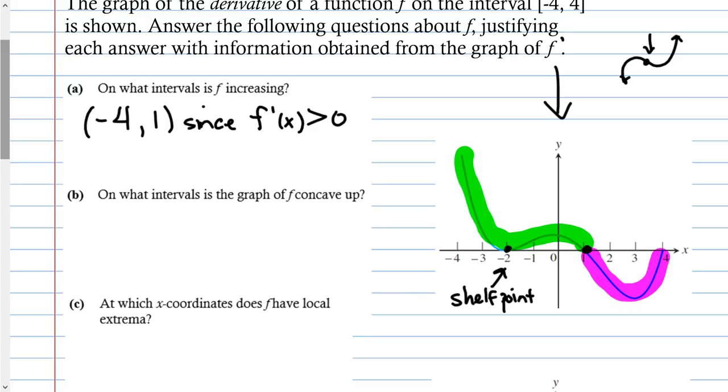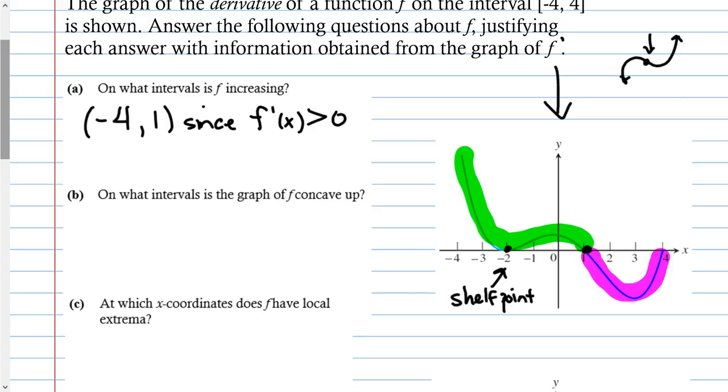And vice versa, I can use the first derivative to tell me stuff about the second derivative. In order to tell concavity, you need the second derivative. I don't have the second derivative, but I can use what I know about this first derivative to tell me stuff about the second derivative, and then I can use that information to answer for f.